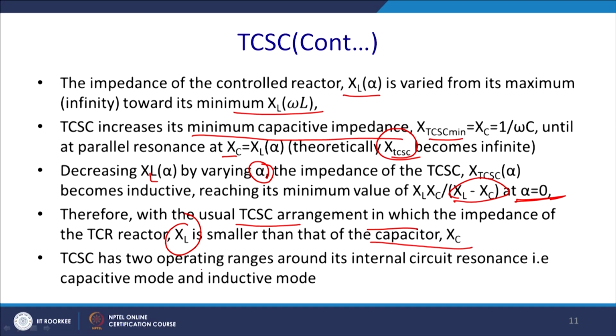TCSC has two operating ranges around the internal circuit resonance, that means the capacitive mode and the inductive mode. So, we should have both the modes possible, and that flexibility is given here.